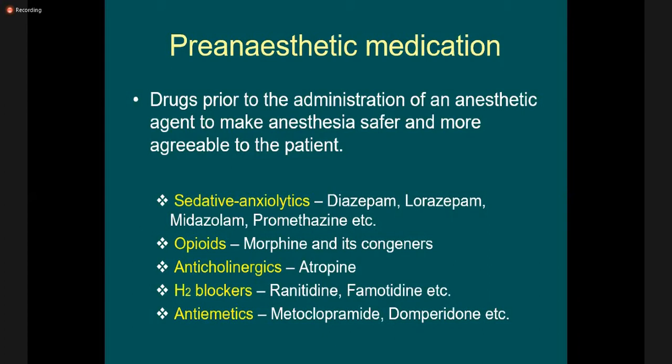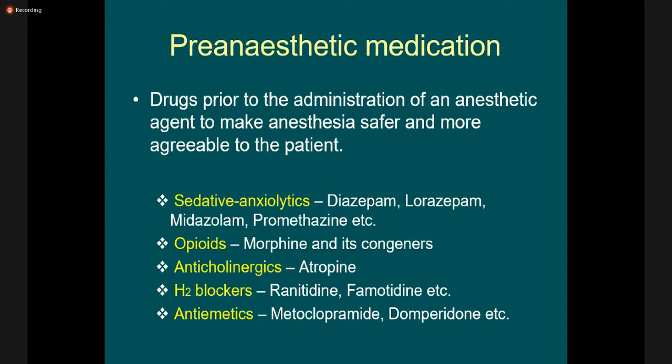Morphine is there. Then we have atropine, an anticholinergic: in the GIT, or wherever you have a secretion in the body, you can stop this secretion before performing the surgery. H2 blockers also decrease the release of acid in the stomach, especially in GIT surgeries.